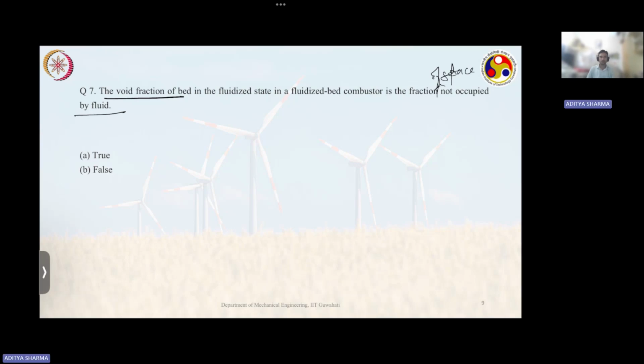So void fraction basically is the space that is occupied by the fluid and not occupied by the solid. But the statement says that the space not occupied by the fluid.